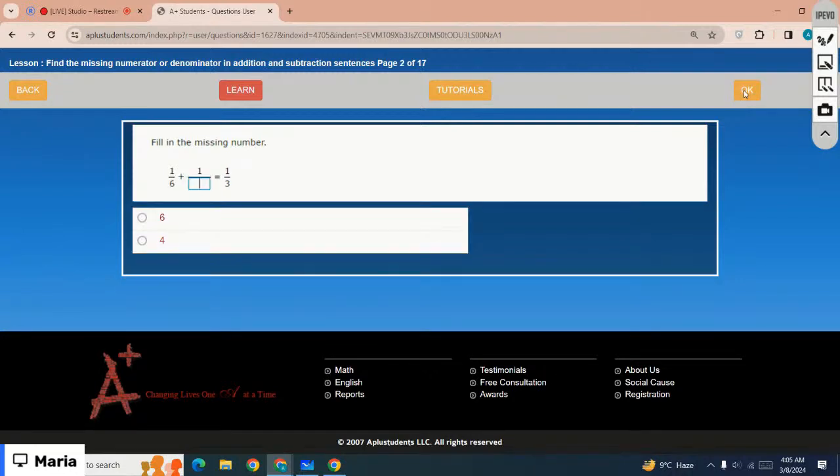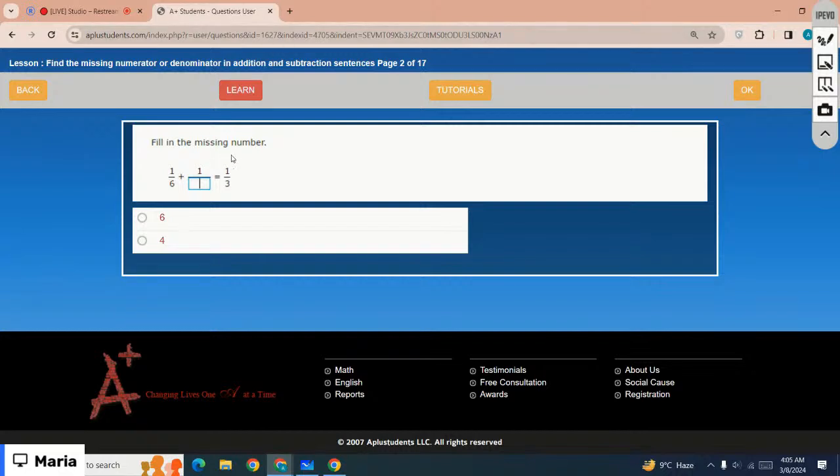Okay, fill in the missing number. 1 over 6 plus 1 over the missing number equals 1 over 3. So which is the correct option? Yes, that is 6.